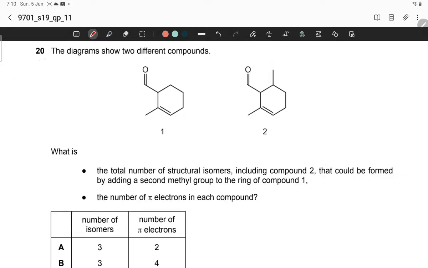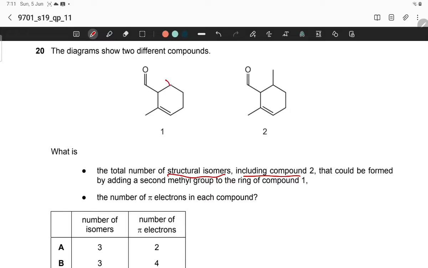Next question is 20. The diagram show two different compounds, compound 1 and compound 2. What is the total number of structural isomers including compound 2 that could be formed by adding second methyl group to the ring of compound 1? The number of pi electrons in each compound. So you know that this is the compound 1.